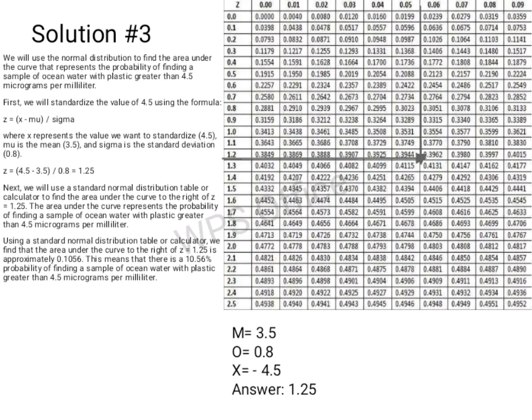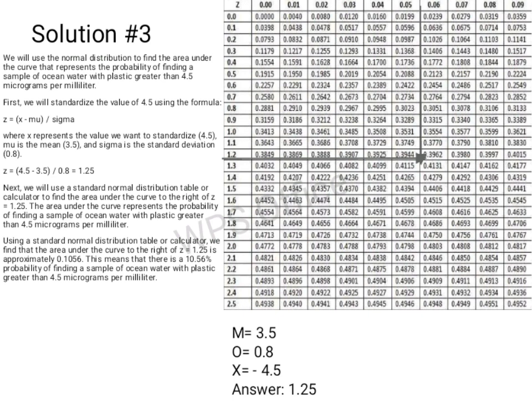Next, we will use the standard normal distribution table or calculator to find the area under the curve to the right of z equals 1.25. The area under the curve represents the probability of finding a sample of ocean water with plastic greater than 4.5 micrograms per milliliter.